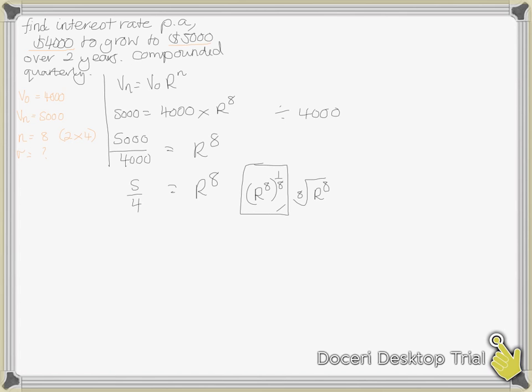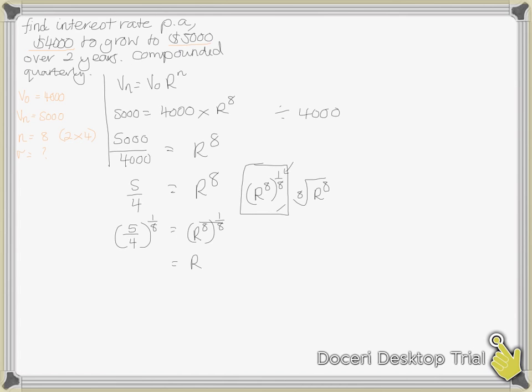So we're going to apply this transformation. We're going to raise r^8 to the power of 1 over 8, and because we've done it on that side, we also need to do it on this side. So these cancel out, and you're left with r equals 5 over 4 to the power of an eighth.